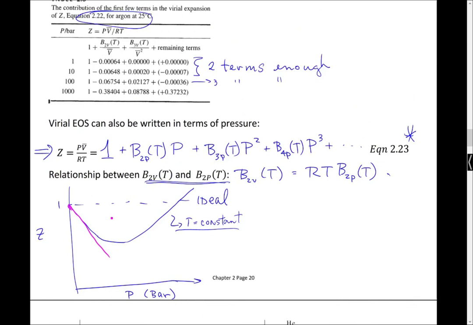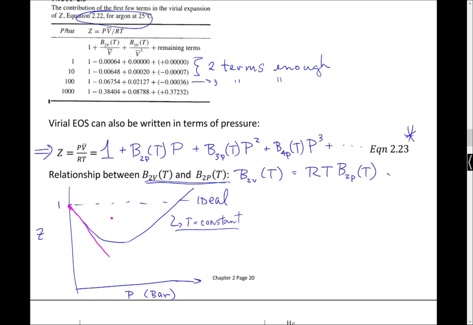All right, so let's look at our equation of state. If I'm talking about just describing this portion of the compressibility factor curve, what terms are going to be important? And you're going to get a little bit of a clue here. We're looking at Z function of P. We're hitting the y-axis at 1, so that means that term's pretty important.